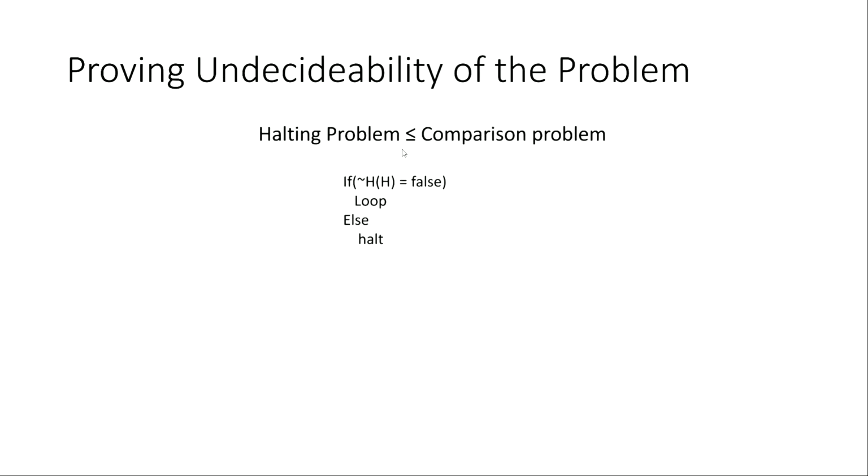Otherwise, if the algorithm did halt, the complement is false and it loops. And this is pretty much the basic form of how the halting problem is shown to be undecidable. And this is the approach I will be using as I'm making my reduction.